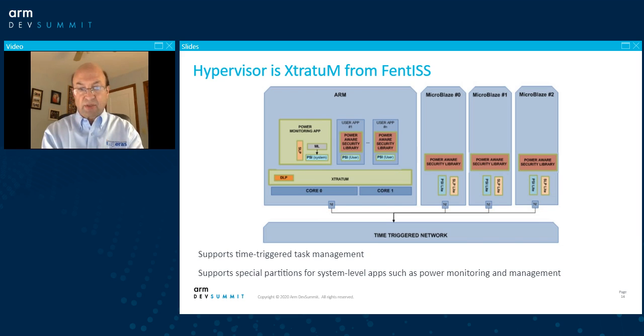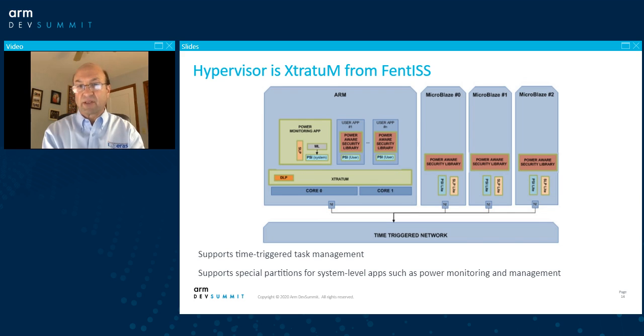In addition to the hardware implementation, the hypervisor is critical to the SafePower platform. We use the XtratuM hypervisor from Fentiss. We see here, as we dive deeper into the block diagram of the SafePower architecture, we have the XtratuM hypervisor running on the dual-core ARM processor. It's got the power monitoring application here, and then shown here, 2 different partitions.